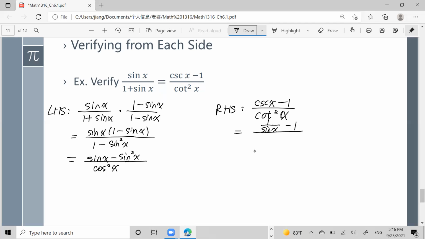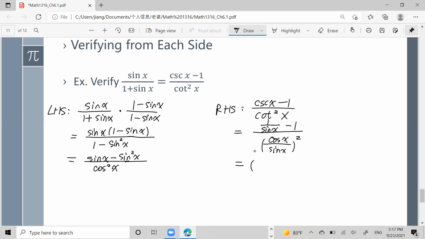And the bottom one, cotangent x is cosine x over sine x, squared. And then if I want to move the denominator to the top, I can flip it, or multiply by the reciprocal.